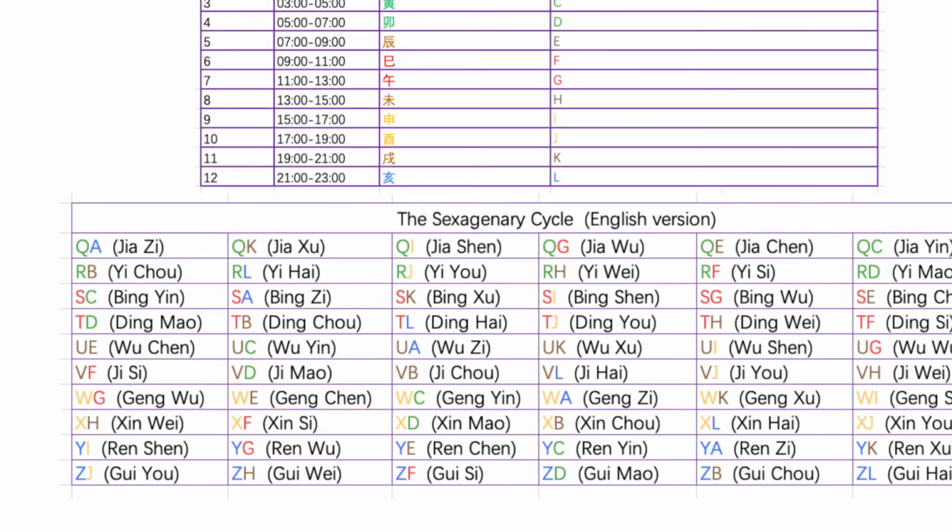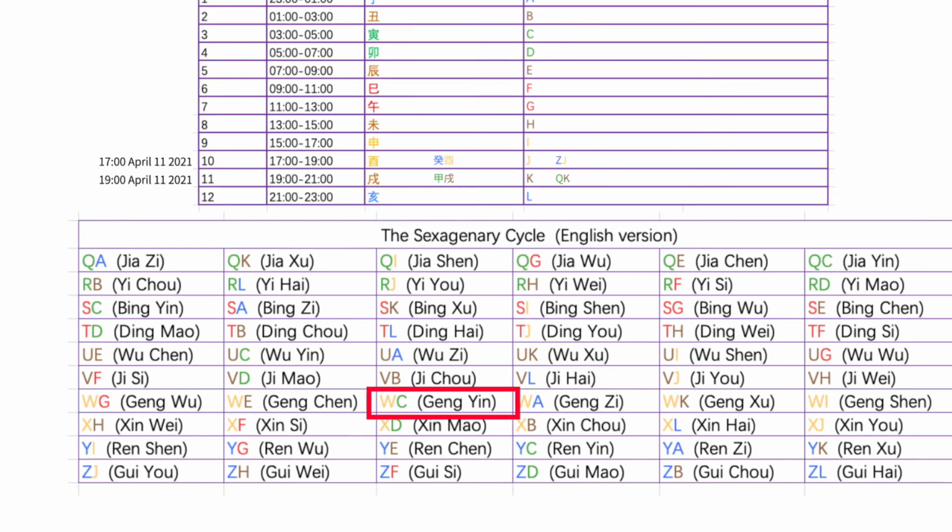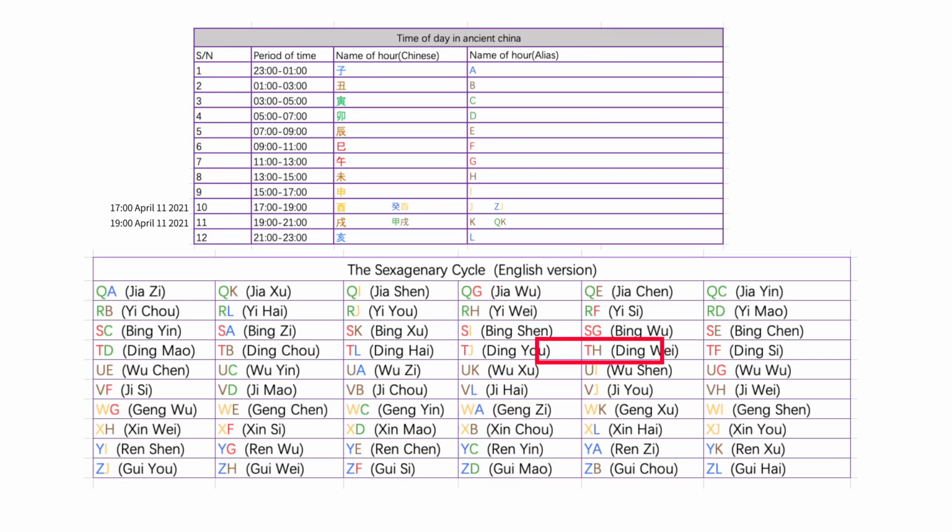The name at 5 o'clock in the afternoon on April 11, 2021 is called Guiyou hour, or ZJ hour for short. Give you 5 seconds. Think about it. What is the name of 7 o'clock in the afternoon on April 11, 2021? It is called Jia Xu, or QK hour for short. The full name of the hour keeps circulating like this. This cycle goes on and never stops.